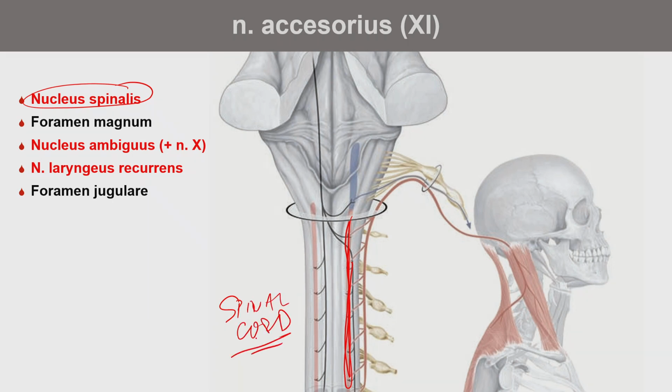In the spinal cord, there are segments which are innervating muscles, like here. What is this muscle? Yes, and that one? Trapezius. And those are really muscles which are not muscles of the head, even if they are attached to it.